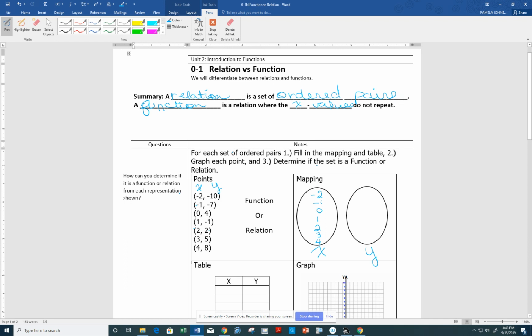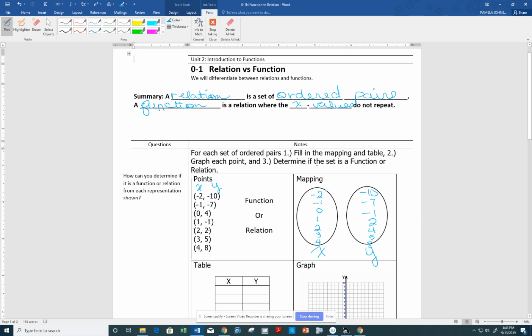So they're kind of out of order if we look over here. So we're going to start with the lowest value first, and that's -10. So -10, then -7, then -1, because that's the next lowest value, and then 2, 4, 5, and 8.